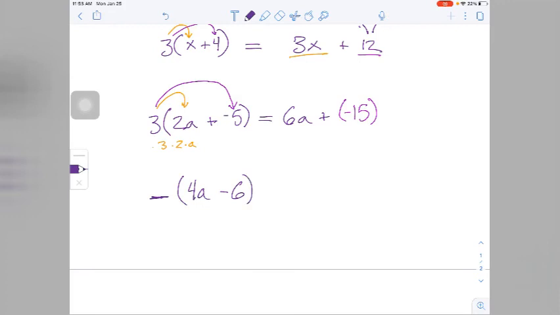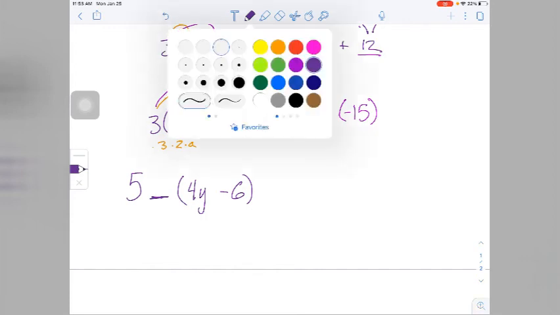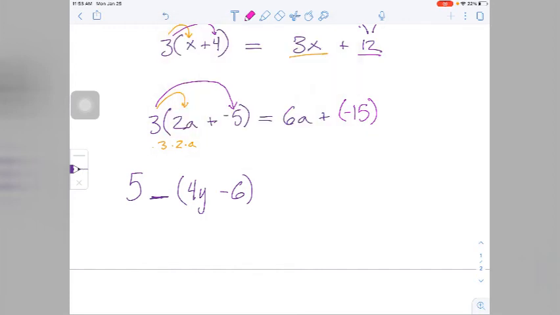You know what? I already used a, so I'm going to change my variable. It doesn't matter what variable you're using. So if you see 5 minus 4y minus 6, what we're going to focus on is just the parentheses part.